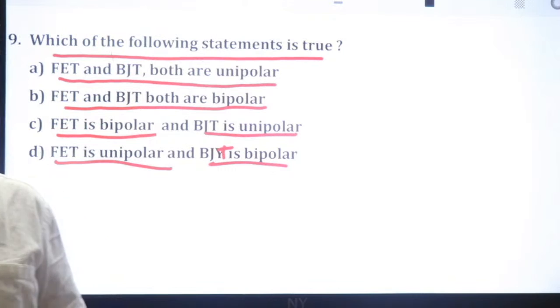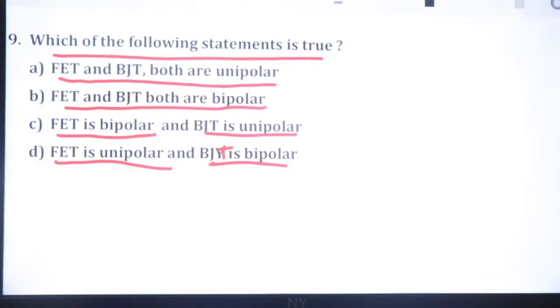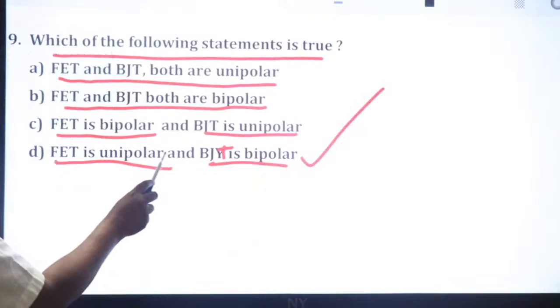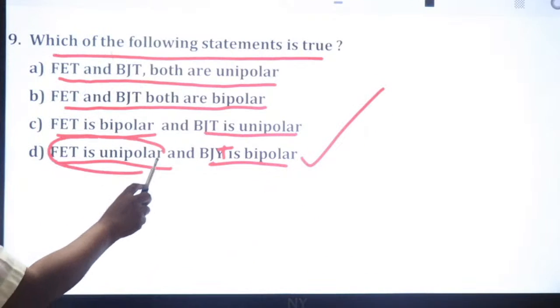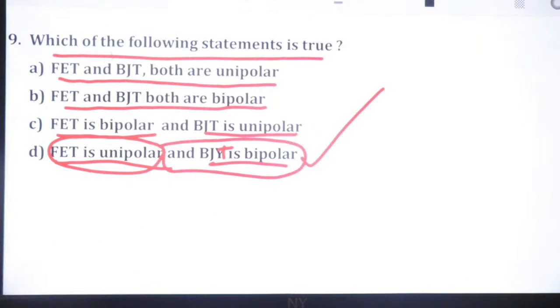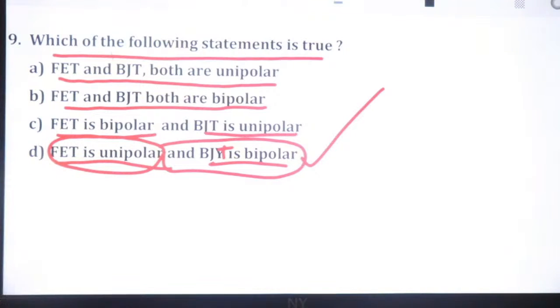Very good. This is a very important question. Answer D is the right answer. FET is a unipolar device, BJT is a bipolar device.